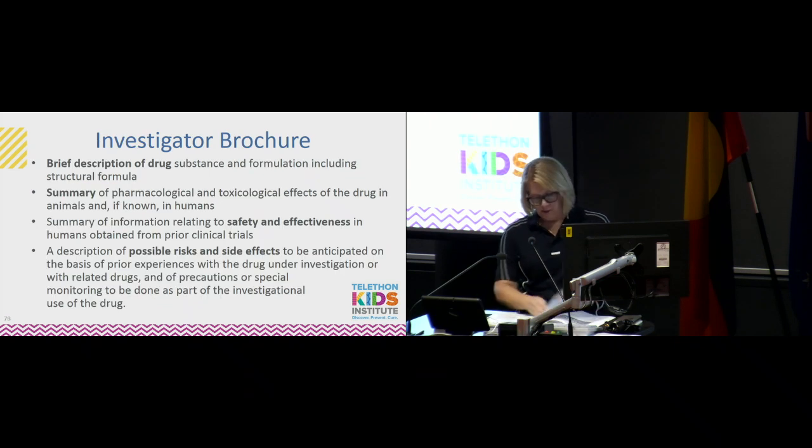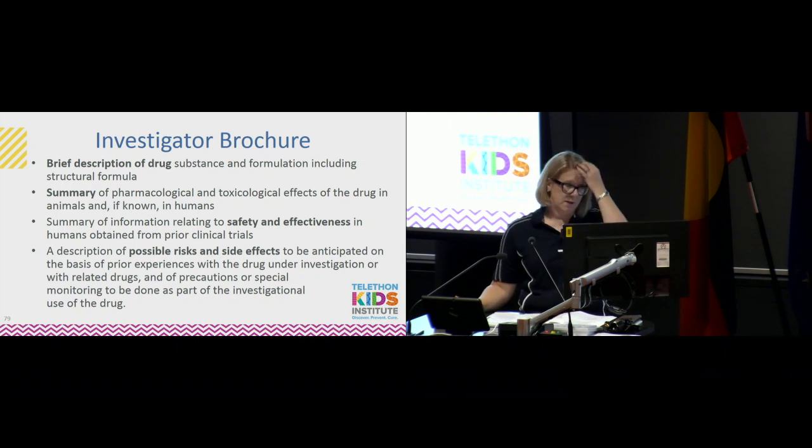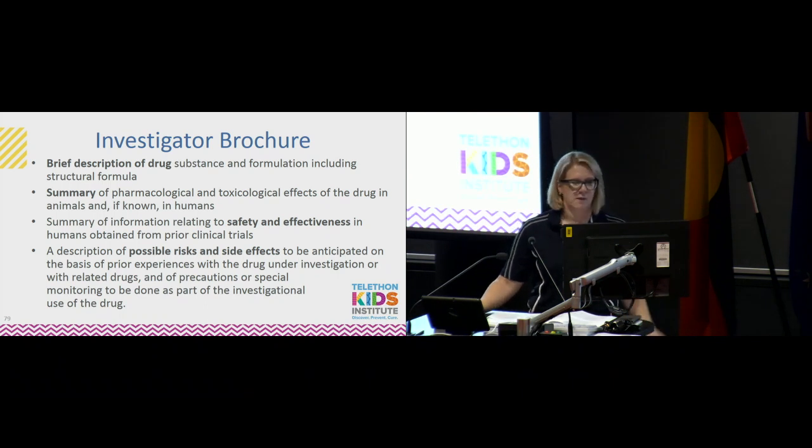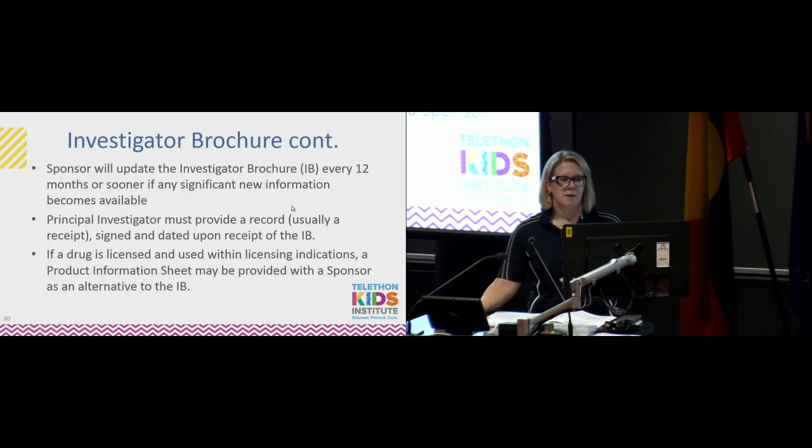So the investigator brochure, as I said, provides you with all the information that you would need about that product to date. Its safety, its effectiveness, its side effects must be read and understood before you decide to proceed. It gets updated every 12 months unless significant new information becomes available before then.